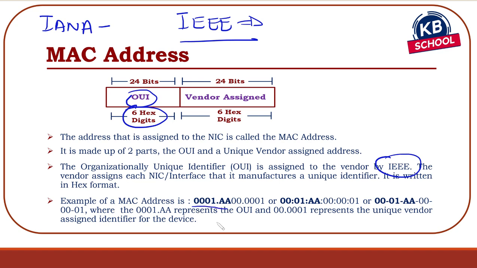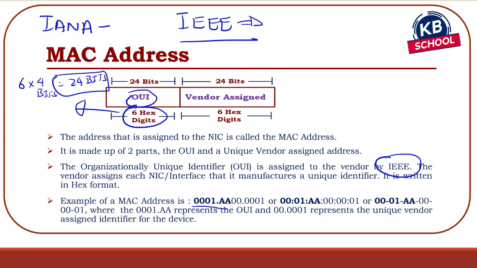It is in hex, 6 hex digits, and based on our earlier conversion from hex to binary, we know that each hex digit equates to 4 bits, which gives you a total of 24 bits. That is the aspect of the MAC address assigned by the IEEE.